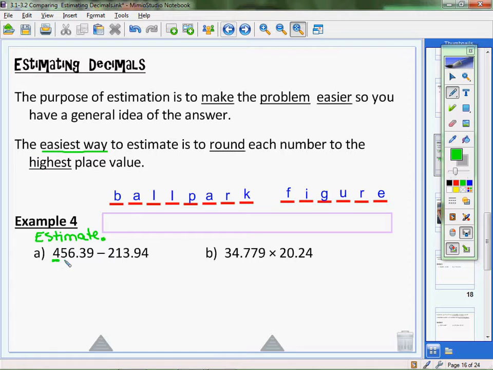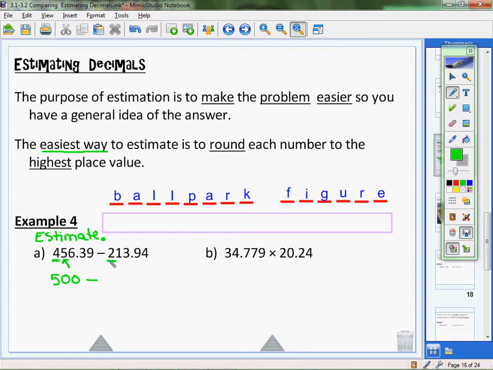In order to round to it, we look at the next digit. The next digit is a 5. And if the next digit is 5 or greater, that means we round the number up. So this number, 456 and 39 hundredths, is closest to 500. The second number, also the highest place, is the hundreds place.